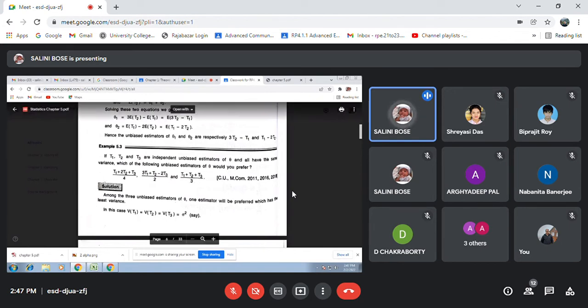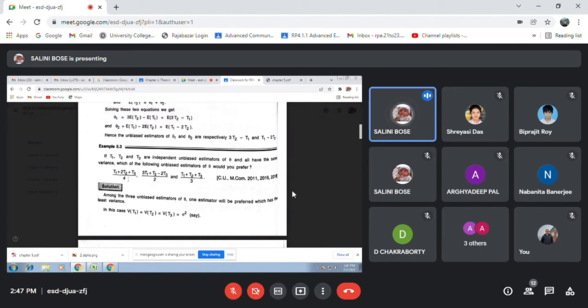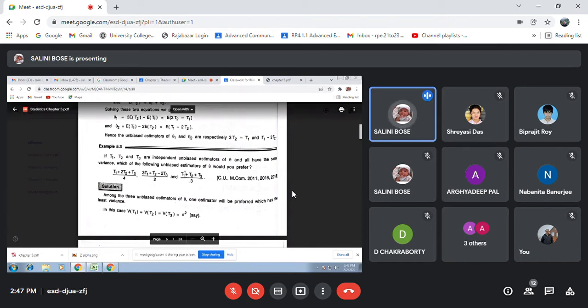Very simple. Variance of T1 plus T2 plus T3 by 4 is what? How to find out this? All have the same variance. T1, T2, T3 have the same variance. So we can say variance of T1 equal to variance of T2 equal to variance of T3 equal to sigma square.